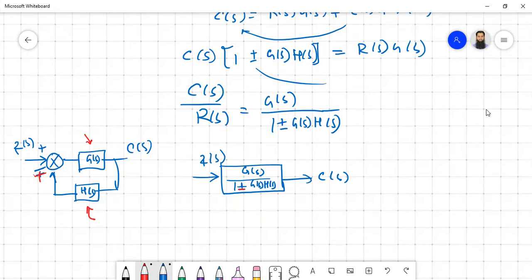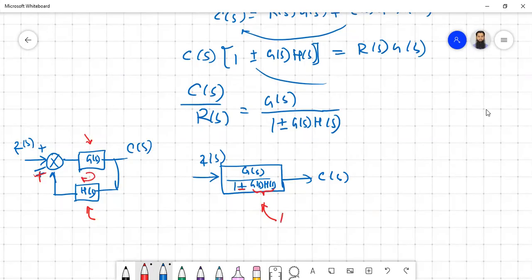Okay, so these are the three common forms we will encounter while we try to find out our transfer function. One thing also: this particular gain, G(s)H(s), is also known as loop gain, because this is the gain of this loop.